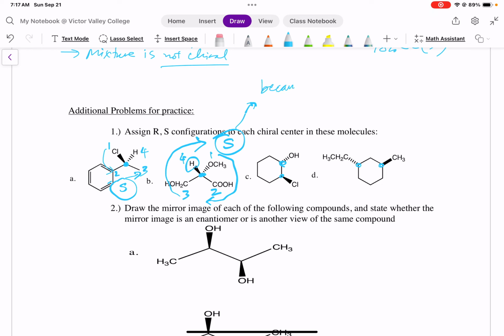Because hydrogen is towards the viewer, the rotation is actually backward, meaning counterclockwise.